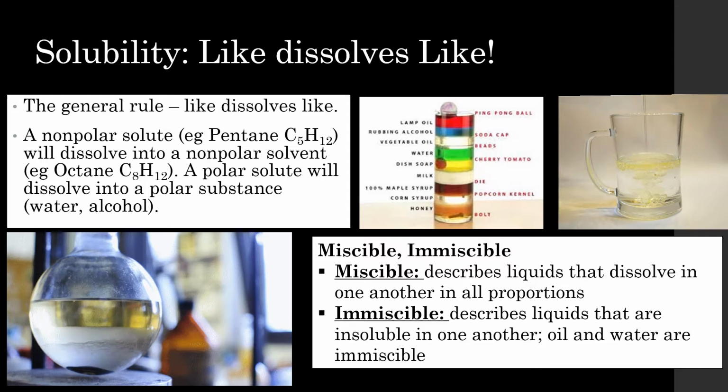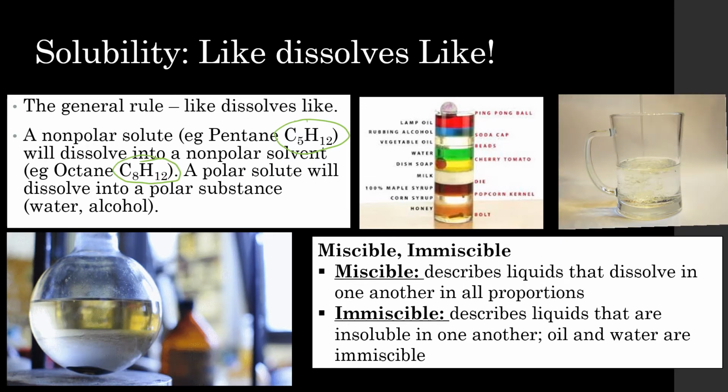Now we can also consider the solubility of polar and non-polar substances. So remember the rule, like dissolves like. So for example, a non-polar solute, for example pentane, will dissolve in a non-polar solvent, for example octane. Now octane is going to be the more dense because it's the bigger molecule in this case, so we can think about that as the solvent, and this can be dissolved into it.